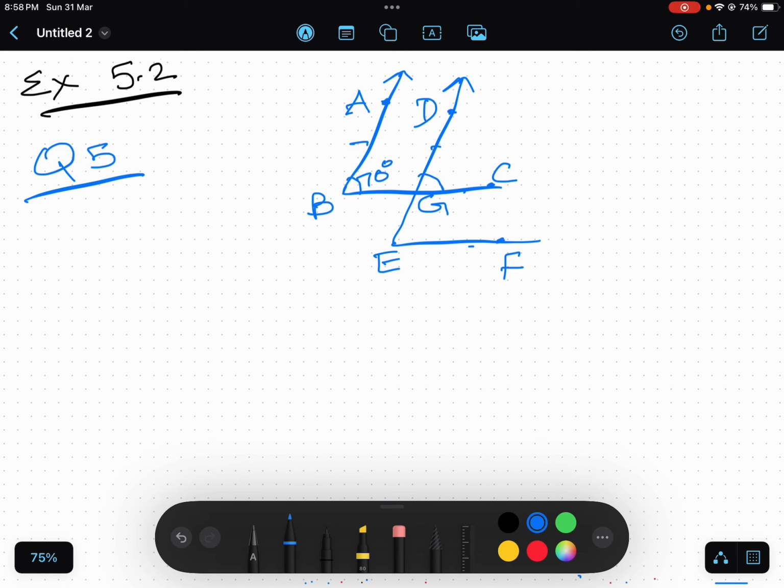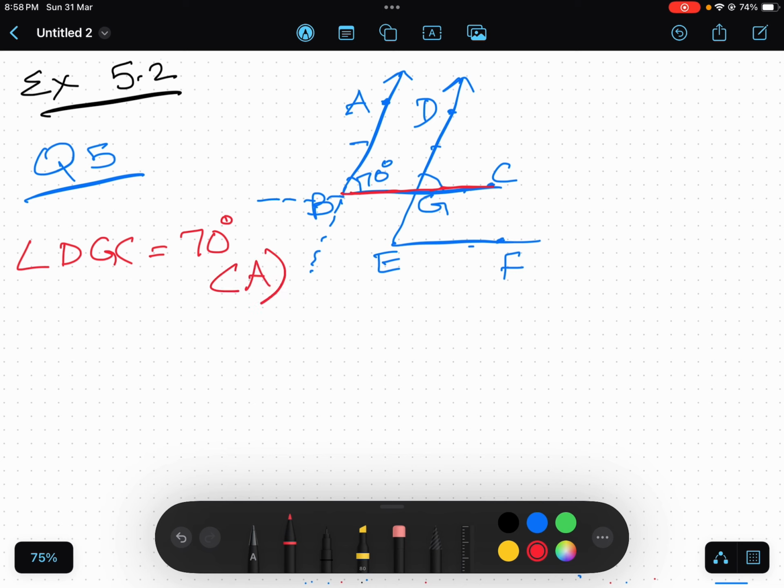See, these two lines are parallel. If you just extend, and this also if you extend, this line is a transversal, which I am showing by red. This line is a transversal and these two are parallel lines. So angle DGC will be corresponding to the 70 degree angle.